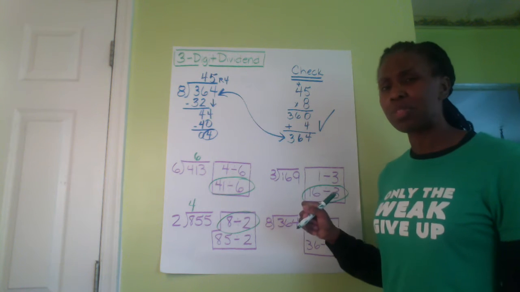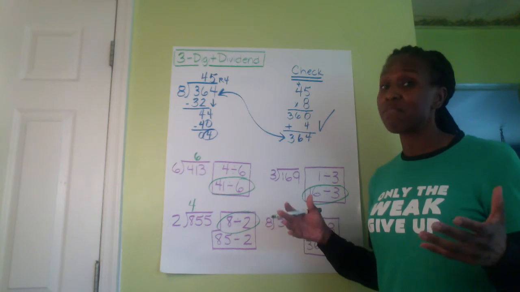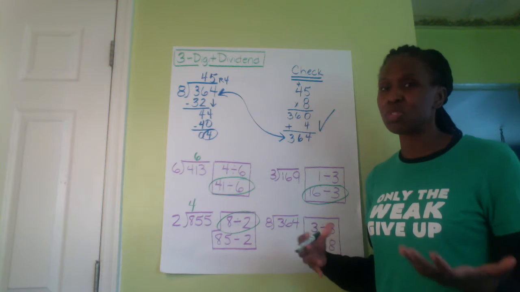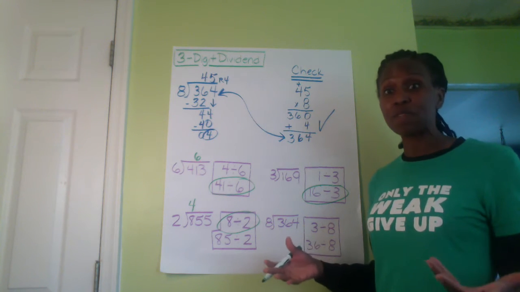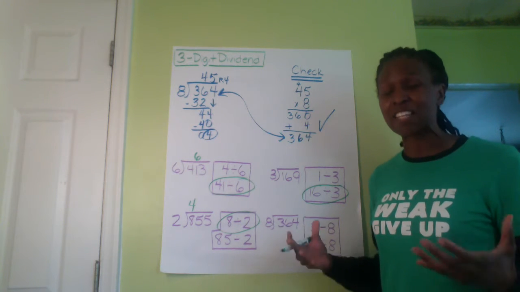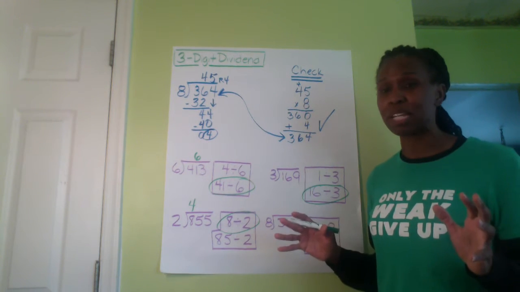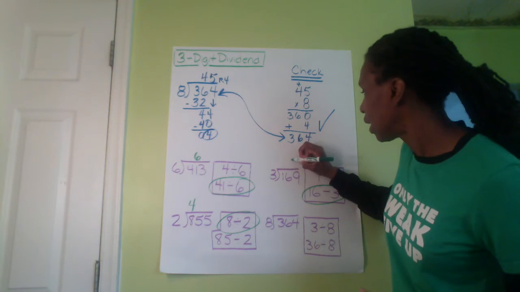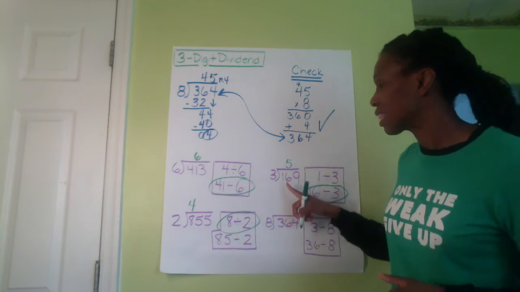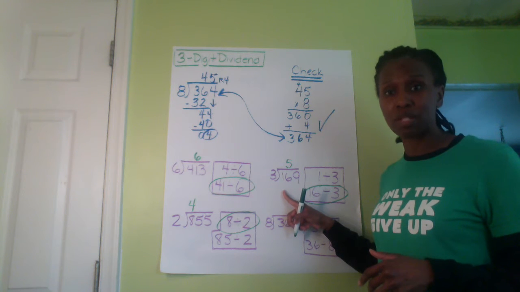And 16 divided by 3 is going to be 5. I had to estimate because there's no 3 multiplication fact that's equal to 16. But 3 times 5 is 15, and that's as close as I'm going to get without going over. My 5 I will write right here above the 6 because that's the number I was dividing.